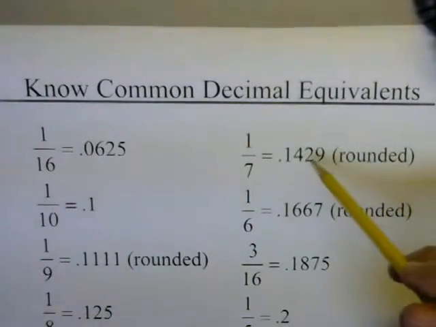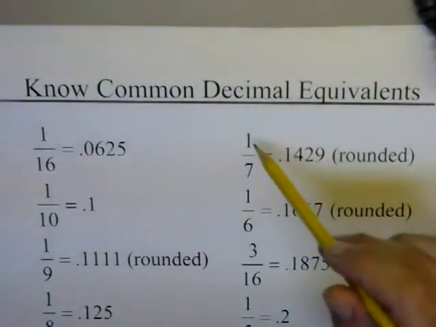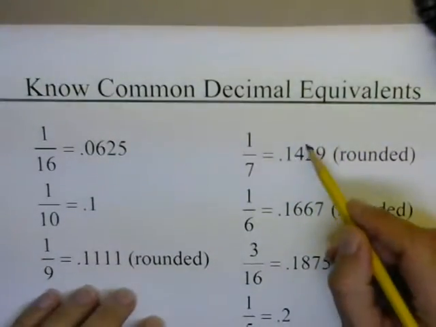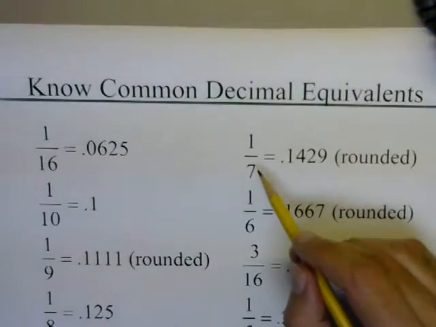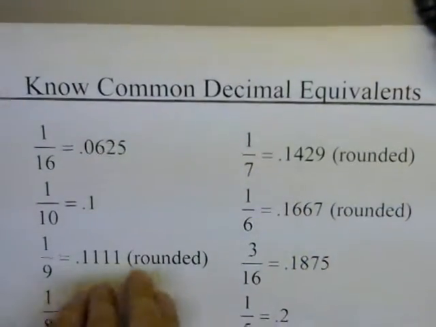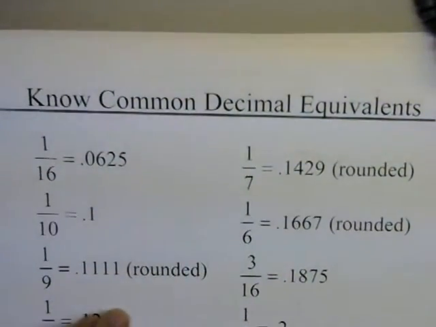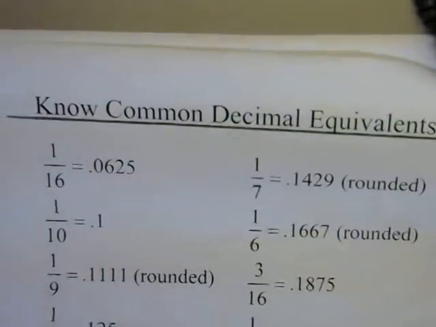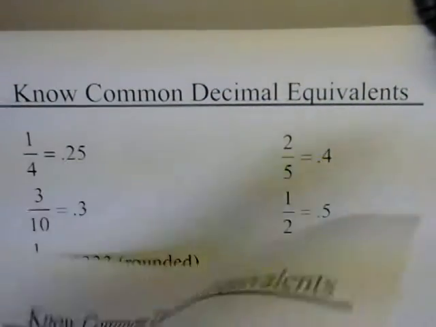And some of these will be rounded and some won't. 1/7 is 0.1429. So if you see this decimal, you might recognize that as the fraction. Again, I'm not going to expect you guys to memorize these. So if you do want to put these on your formula sheet for the midterm and the final, you can. I don't know if it'll be that useful, but these wouldn't be bad things to memorize.